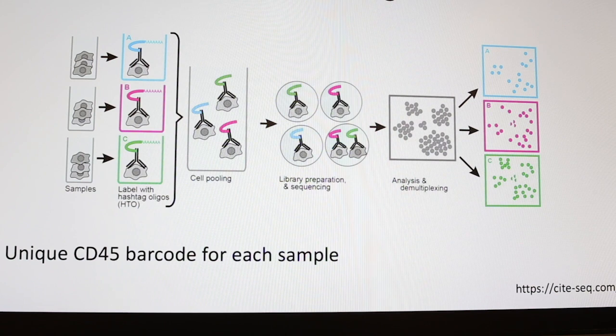So the real advantage here is you can pool these samples together and run them together and save money and resources when you're doing the experiment. You can put these all on one lane of the Chromium controller, for example. And then afterwards, you can demultiplex this and figure out which condition is for which cell.